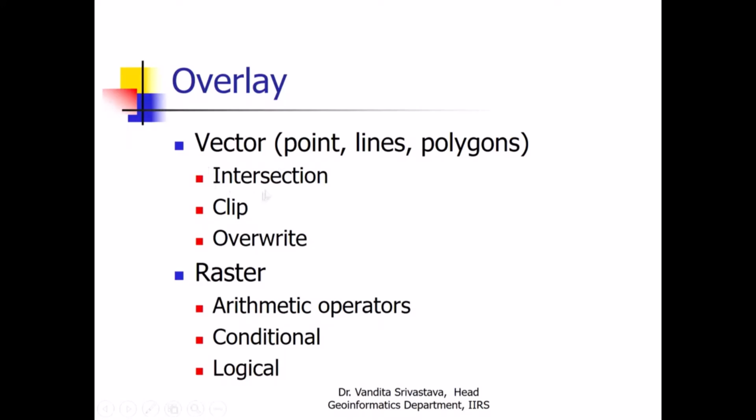So in case of vector, you have these topological overlays for points, lines and polygons. You have different operations. For rasters, you have different ones. Like you have intersection, clip and overwrite. I will give you an overview of all these. And in case of rasters, you have, as I already talked about, the arithmetic, logical, conditional operators. And you also have other functions I will talk about.